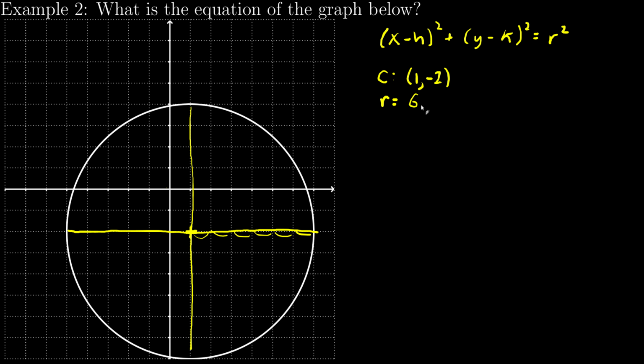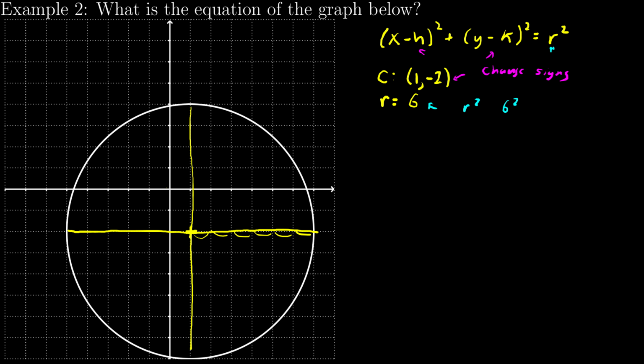So radius is 6. And again, I need to make sure that when I put this into the formula, I change signs. And I need to remember that I actually do r squared, or 6 squared.